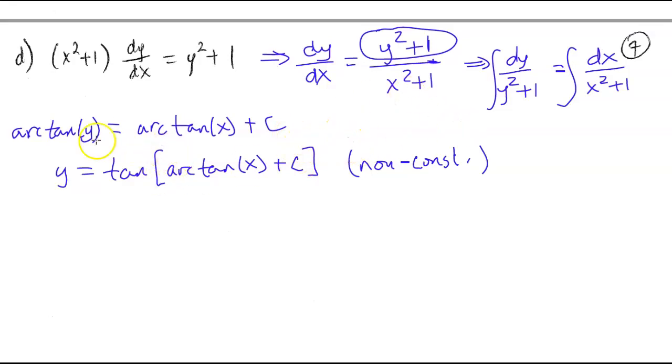And of course, in dealing with this, we have to consider the values of y and the values of x that would actually be valid here. In this case, for arctan of y and for arctan of x, in general, arctan is a function that looks like this.